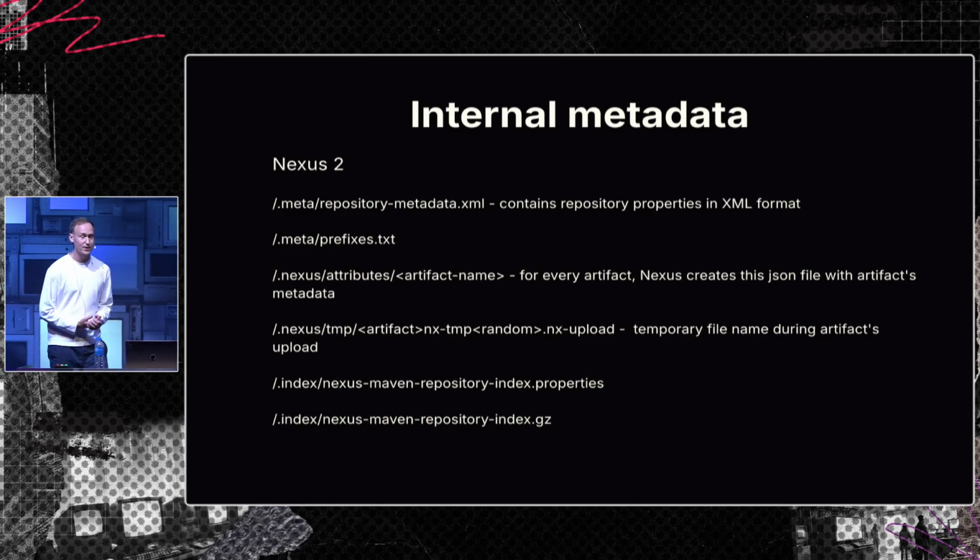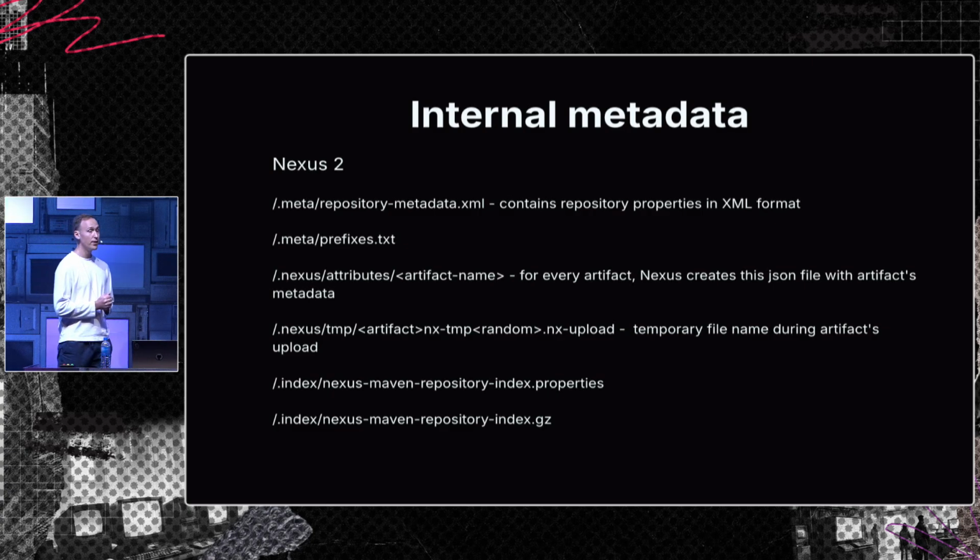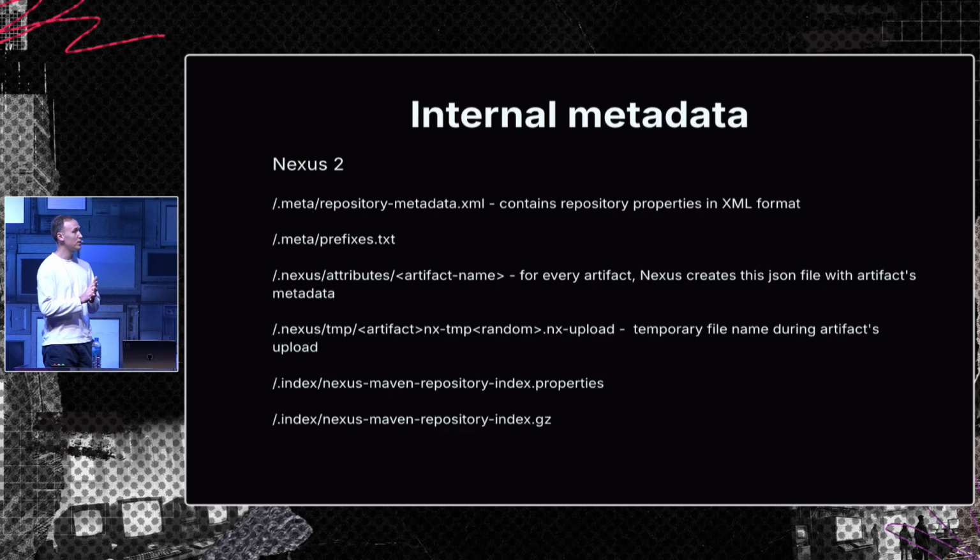And in the last chapter, I think the most interesting one is about abusing internal metadata. Different products I tested store artifacts differently. JFrog and Nexus 3 use an internal database to store all the artifacts, but Nexus 2 stores all of them in just the file system.